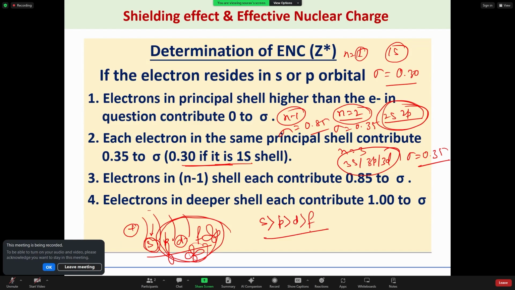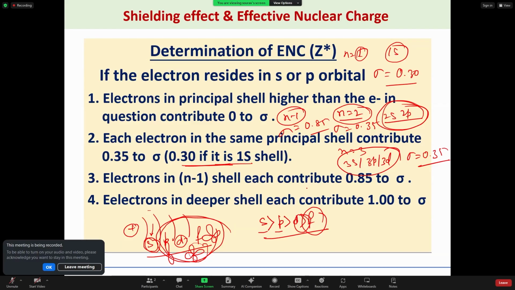For the f orbital the shielding effect is very little, and for the d orbital also very little compared to the s and p orbitals. So s and p orbitals show a greater shielding effect than the d and f orbitals.